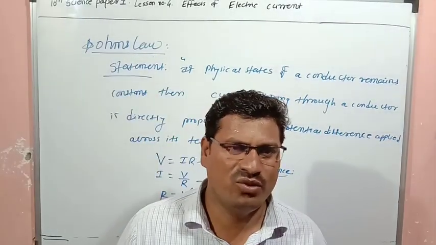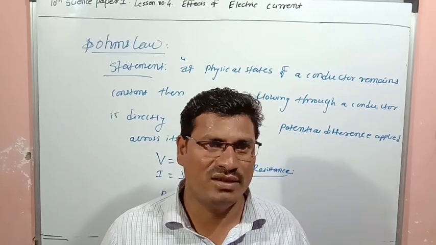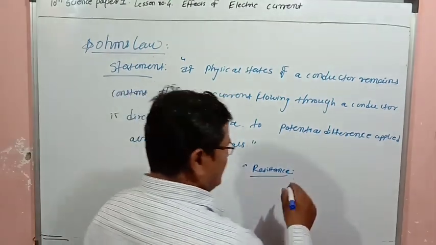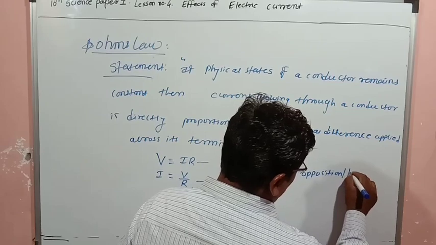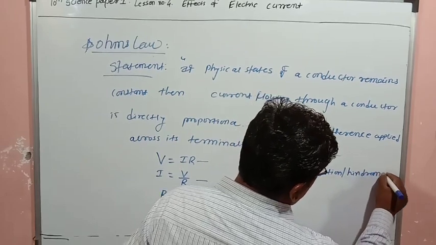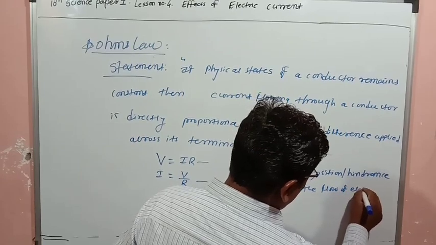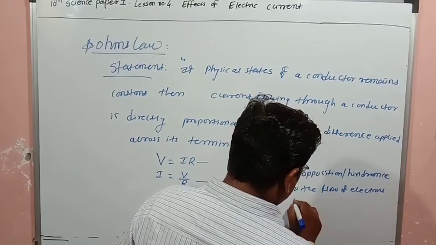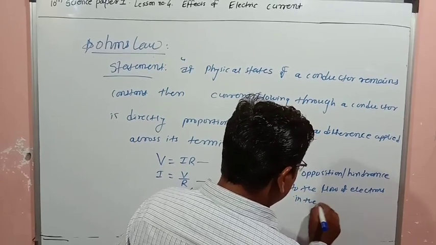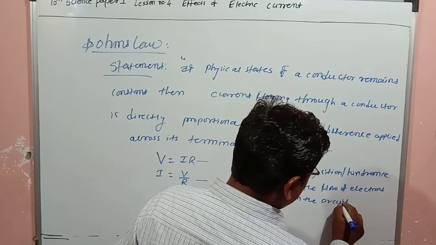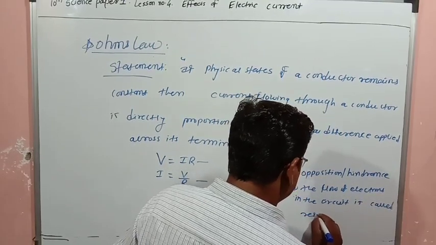Opposition to the flow of electrons, or hindrance to the flow of electrons, in the circuit is called resistance.